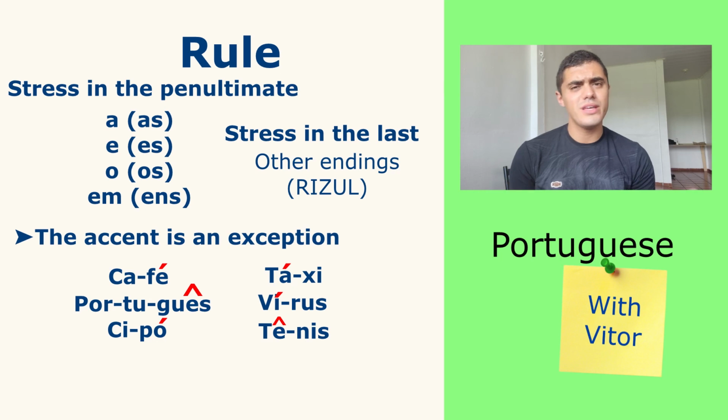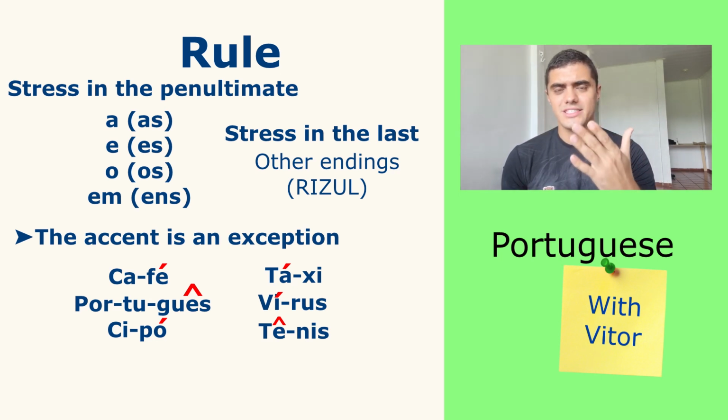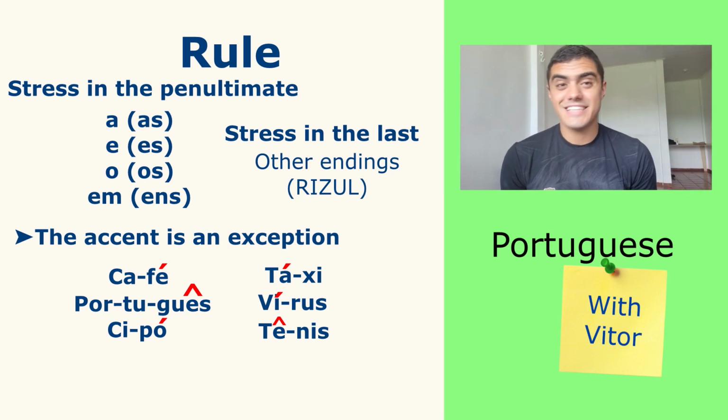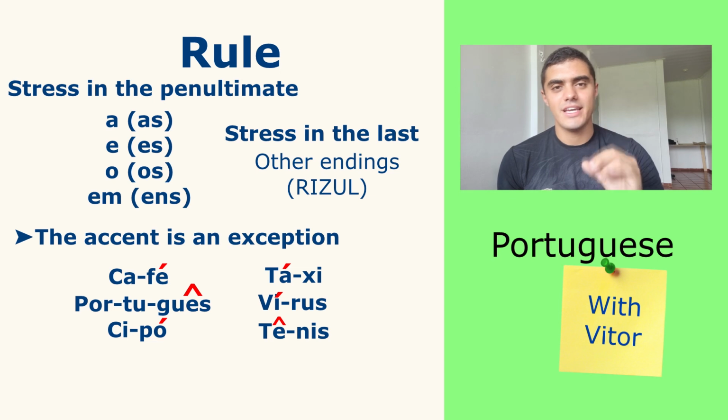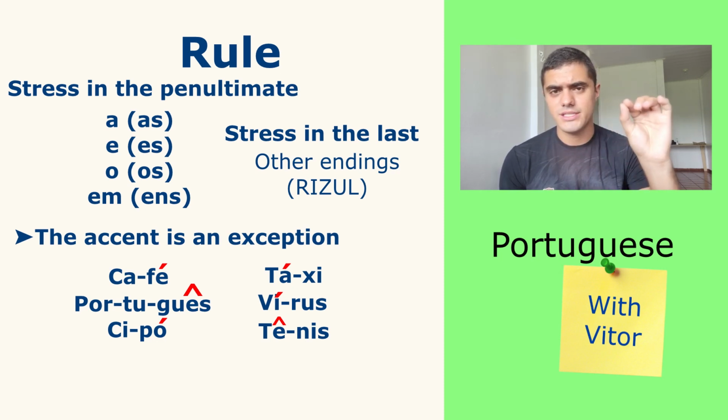Pay attention. The rule is penultimate syllable for as, es, os, ens, and last syllable for any other ending. If the word has the stress in the antepenultimate syllable, it's running away from the rule. So every word with the antepenultimate syllable stressed is going to have the accent.